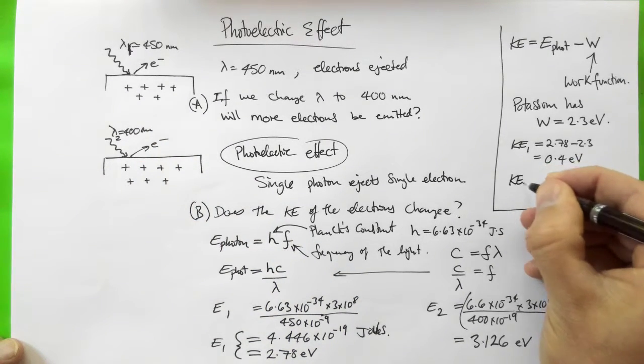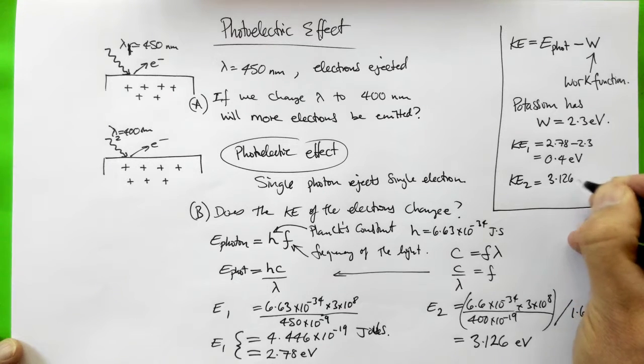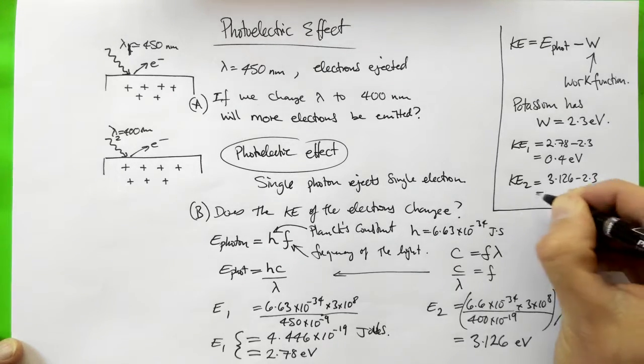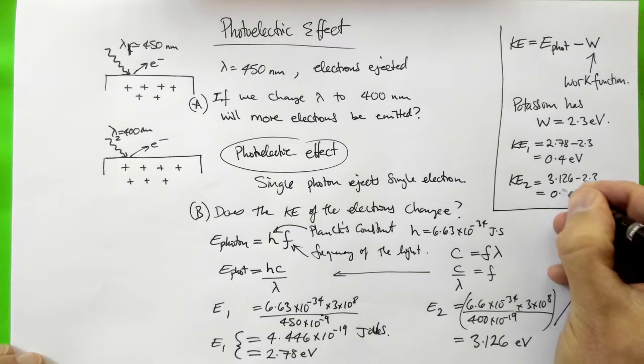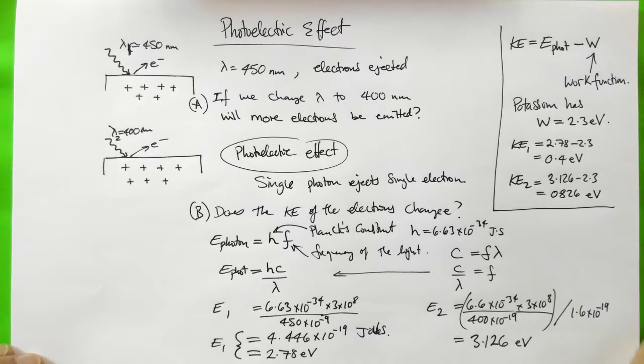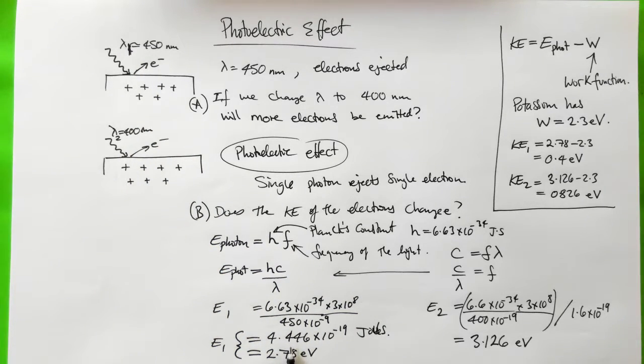And in case 2, the maximum kinetic energy could have been 3.126 minus 2.3, which is 0.826 electron volts. So that's how we figure out the energy of a photon. That's how we figure out the energy that is given to the electron. And this is how we figure out the amount of energy that is left over after doing work to escape from the metal.